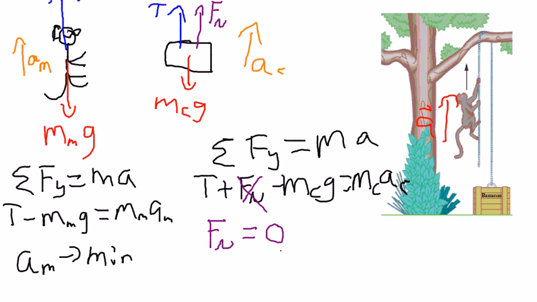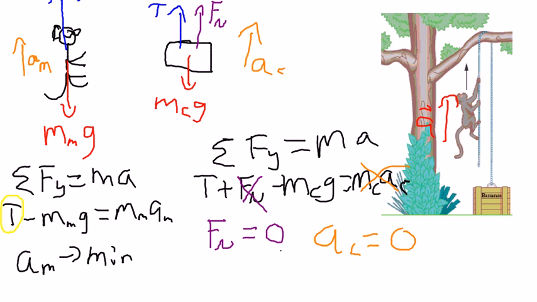And in addition, if it's just barely about to start lifting off at that minimum condition, the banana crate has yet to start accelerating upward, so we can also set the acceleration of our crate equal to 0. With that going to 0, let's look at our equations a little closer. Tension, we don't know.